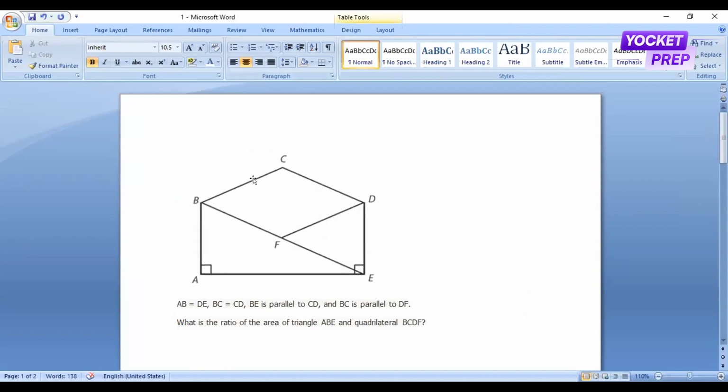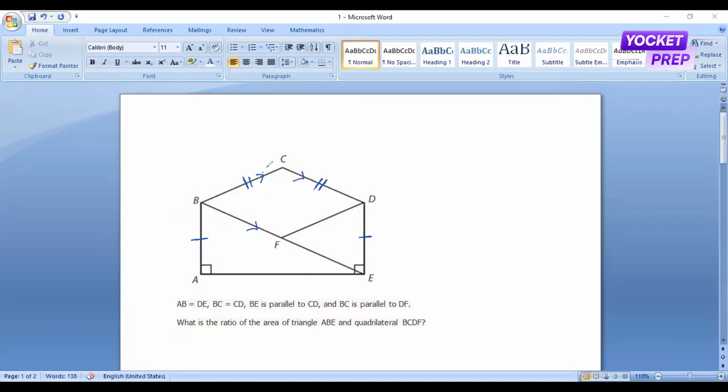So it's opened BCDF. So it's given AB equal to DE. So I'll just mark that so that it becomes easy for you. AB equal to DE, BC equal to CD, BE is parallel to CD. Okay, so these two are parallel.